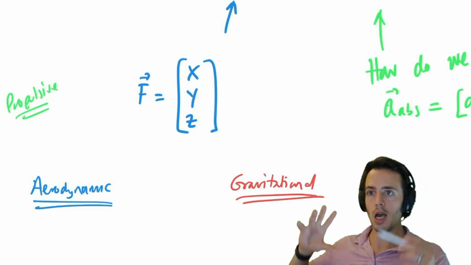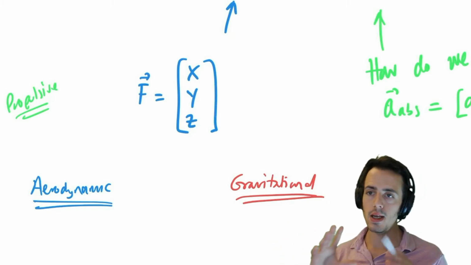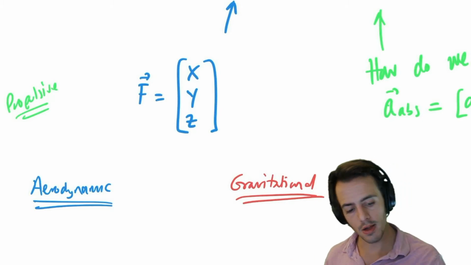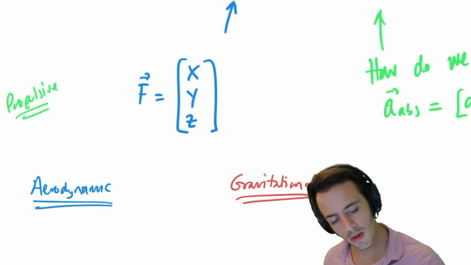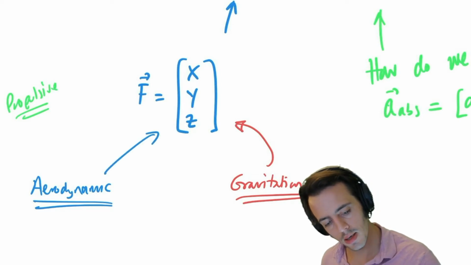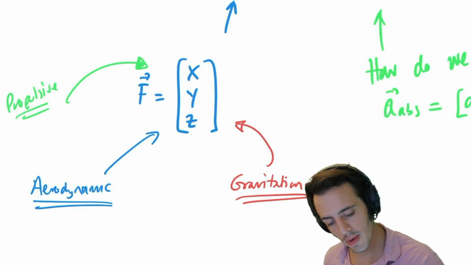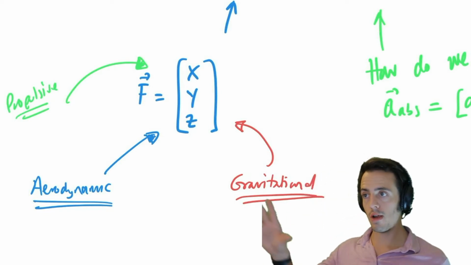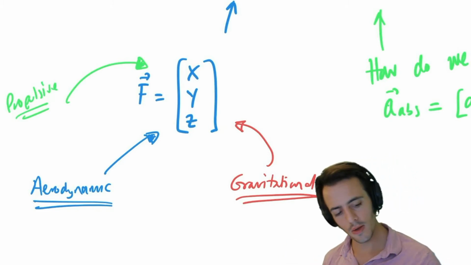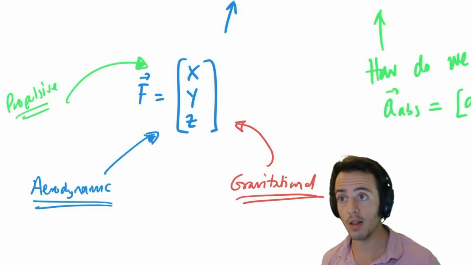So we need to think about how we link all these forces together into the same frame, so into the same axis system, such that we can combine all of these together and put them into here. Because at the moment, we haven't even defined them yet, but when we define them, we'll see that all three of these are defined in different axis systems, and we need to look at conversion to put them in here, to add them all together.